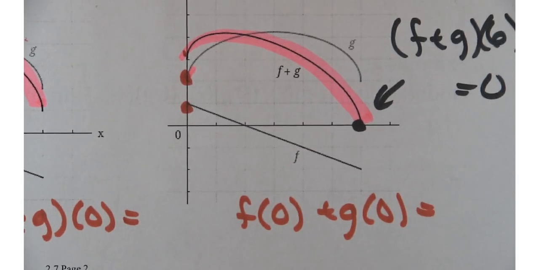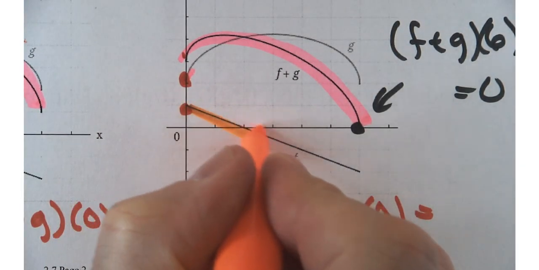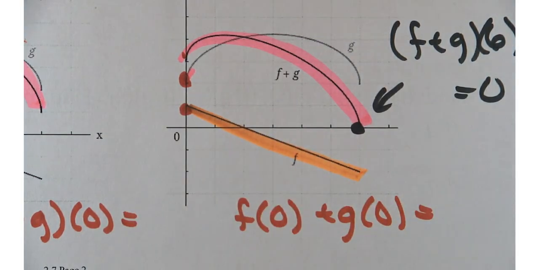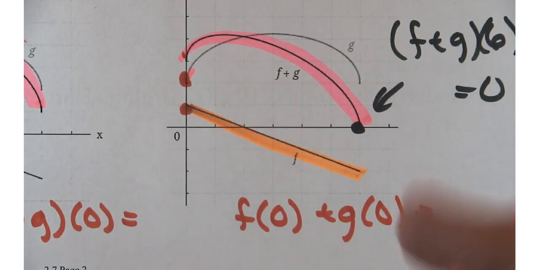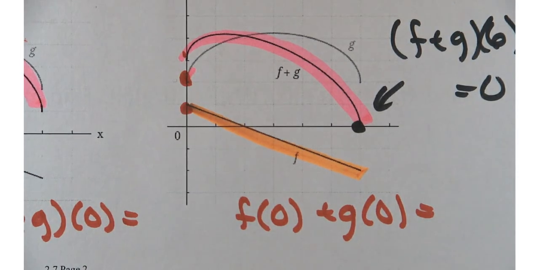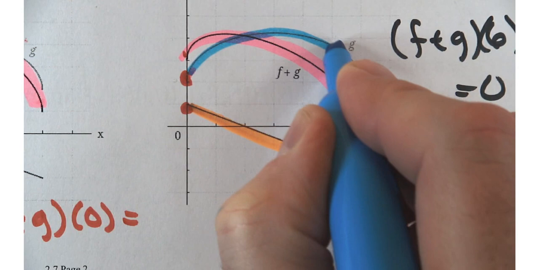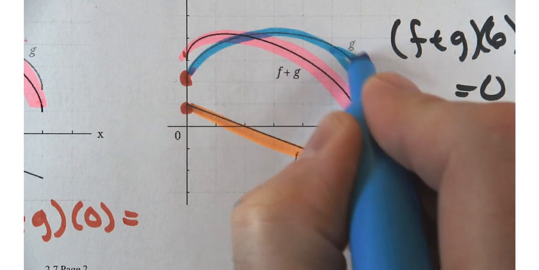What's f of 0? Let's highlight that a little bit. So there's our function f. Here's our function, I don't want that one, I want this one. Here's our function g. There we go.